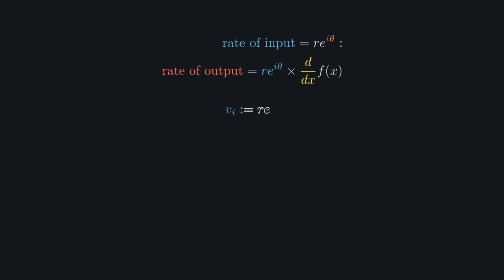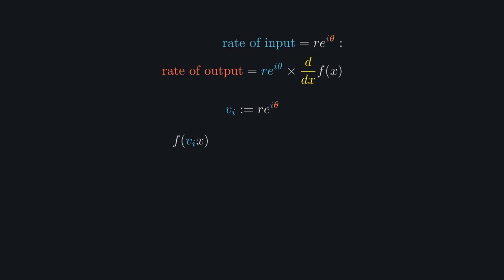To show this, I'm going to declare a variable to stand for our rate of input, or velocity as we're interpreting it, and name it v sub I. We set that variable to be our polar form complex number. Now we first write a function taking input at the rate of v sub I like this.